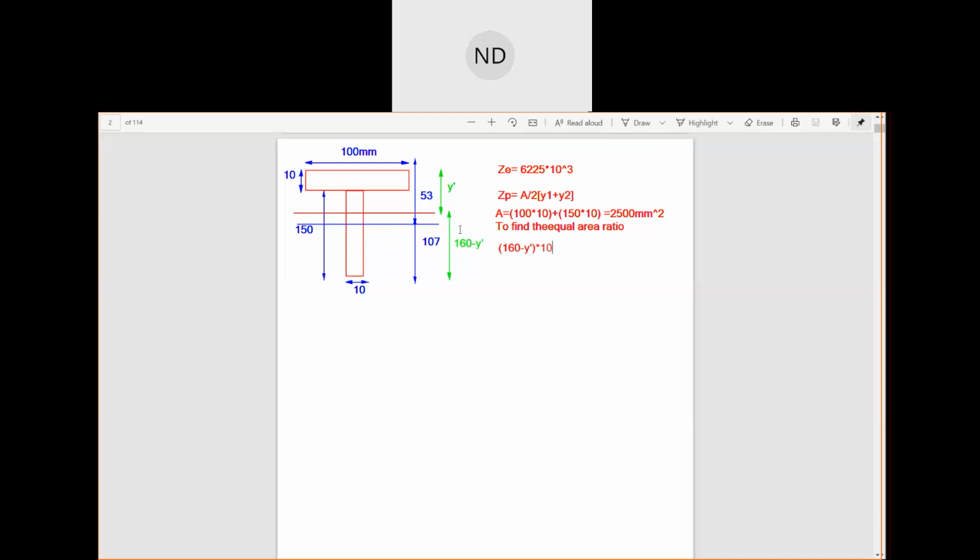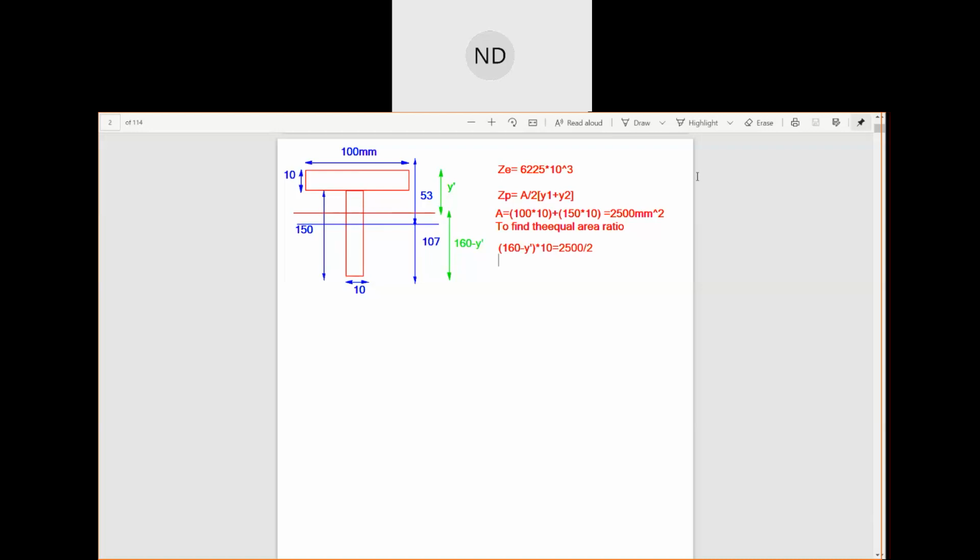The length is 160 minus y dash and the width is 10. This is the area below this axis, and the top portion will obviously be half of this 2500, so 2500 divided by 2.